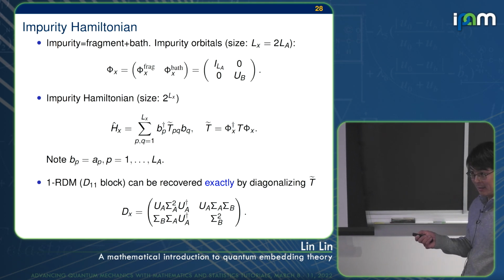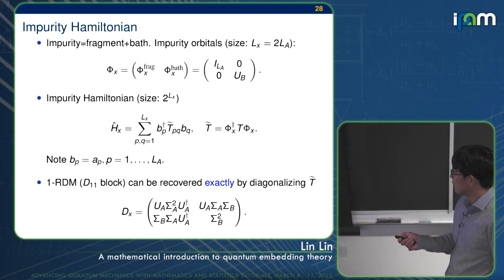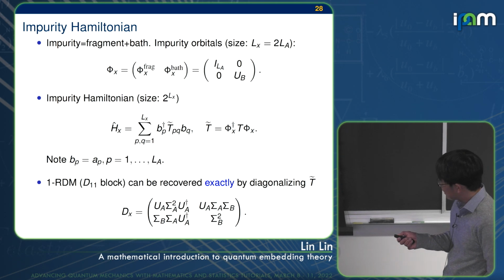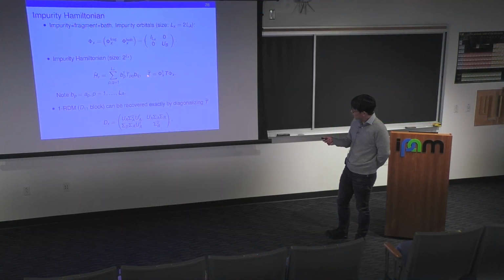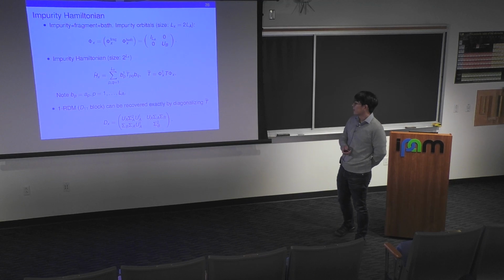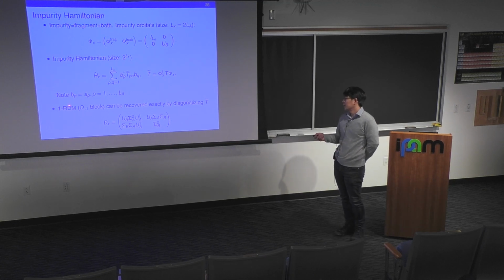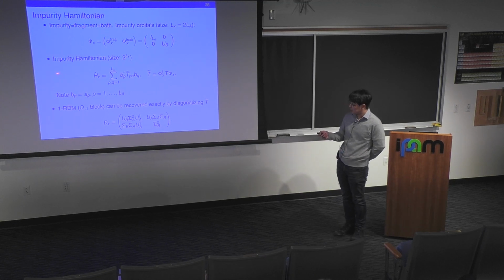Then you define the impurity Hamiltonian to be this thing, HX hat, where this T tilde, the rotated quadratic matrix, is phi x dagger T phi x. Then you can prove that the 1RDM corresponding to this impurity Hamiltonian gives you exactly the thing that you want.